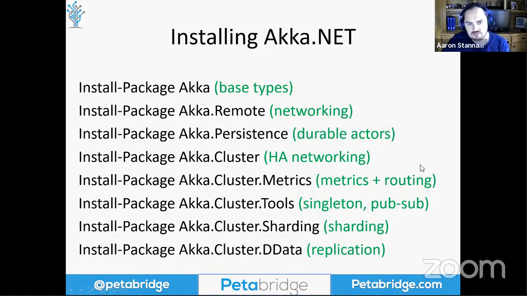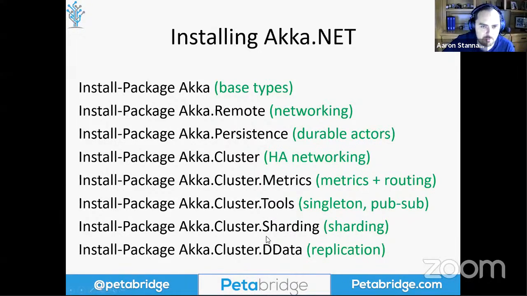We have Akka.persistence, which gives us the ability to write durable actors who event source their state and can recover it from a durable store. And then we have Akka.Cluster, which is kind of the raison d'être for this entire webinar here. Akka.Cluster depends on Akka.remote, which depends on Akka. So all those dependencies will be pulled in implicitly. This basically provides the basis for all of the high availability networking that we're going to be talking about today.